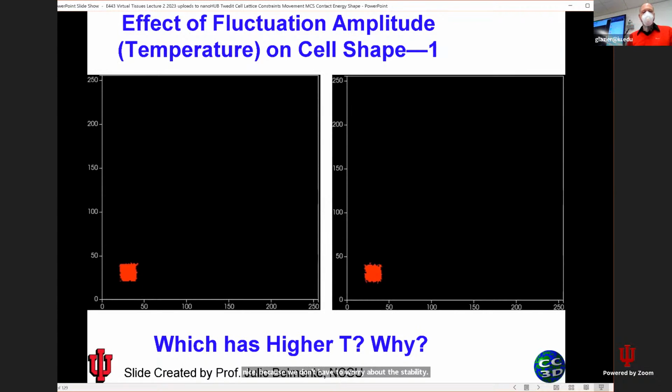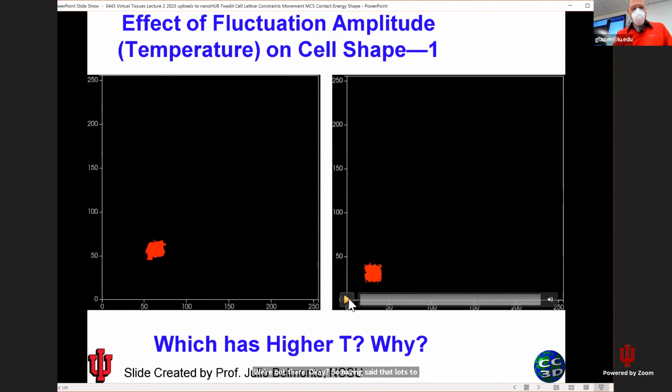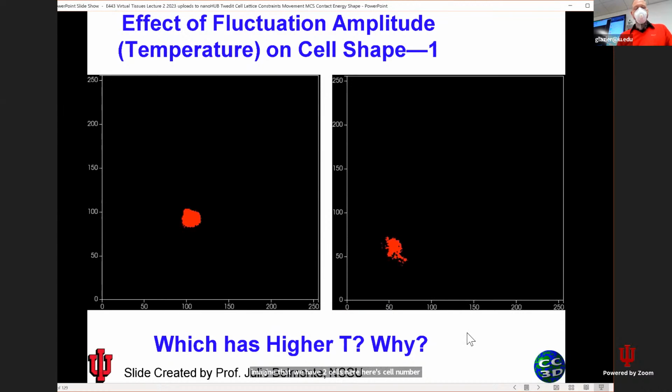Okay, having said that, let's imagine that we have two cells here. Here's cell number 1, and here's cell number 2. Which of these would have a bigger fluctuation amplitude, the one on the left or the one on the right?